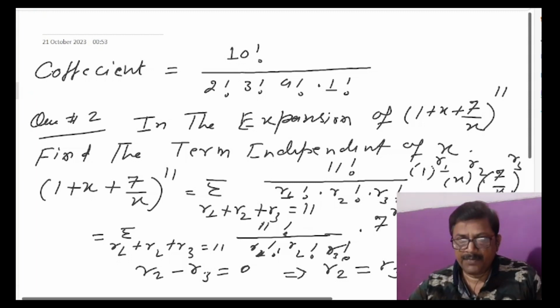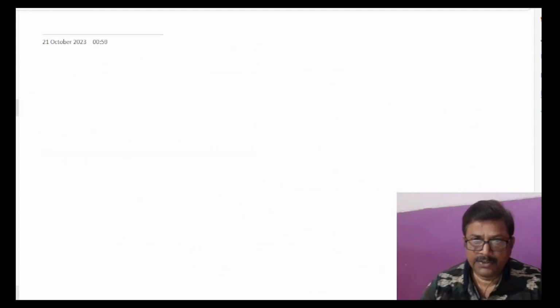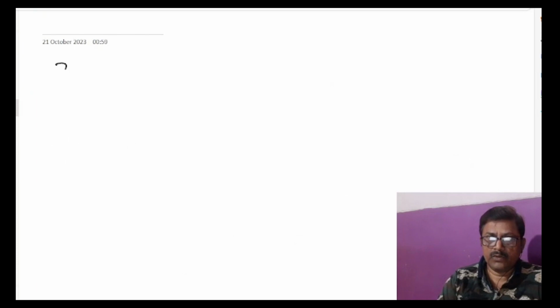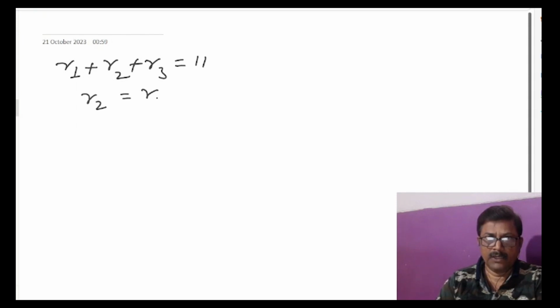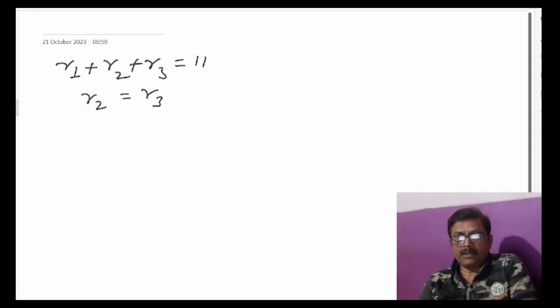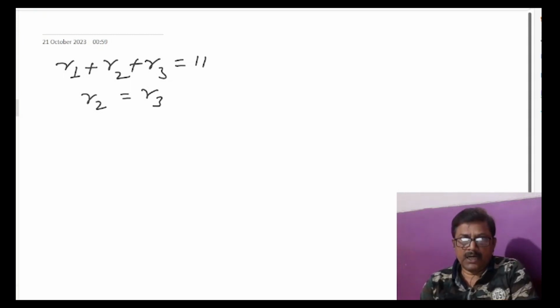11. Okay. Now I am taking a new page. So R1 plus R2 plus R3 should be equal to 11, and R2 should be equal to what? R3. Correct? So we have to choose R1, R2, R3 in this manner so that R2 should be equal to R3.